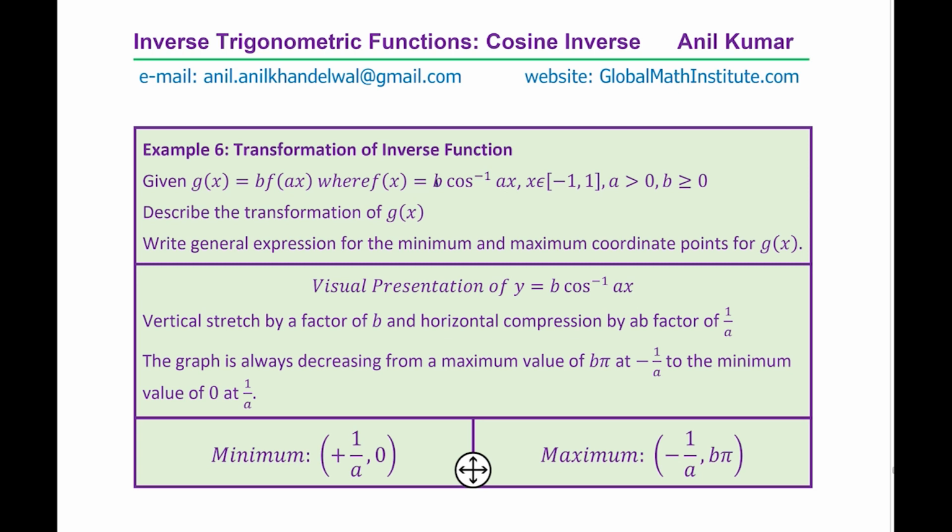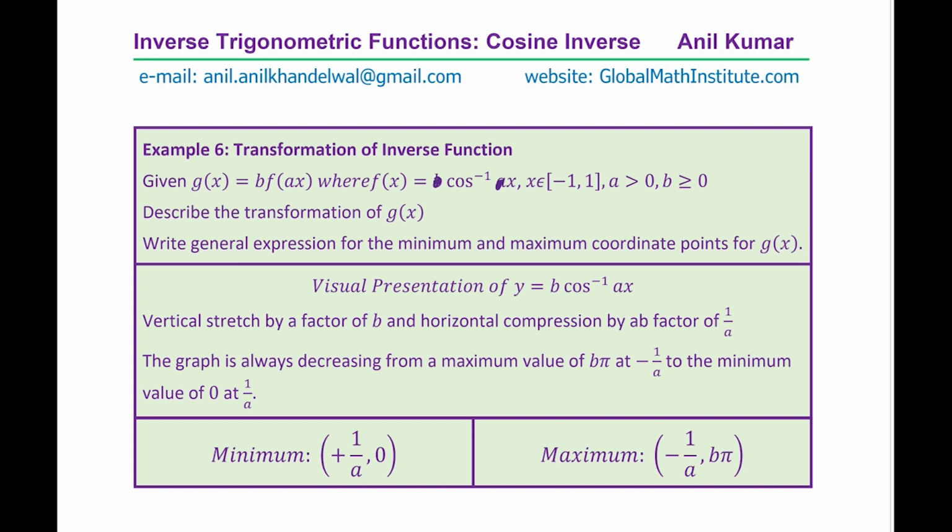Here's a typing error: f of x is cos inverse of x, right? g of x is vertically stretched by a factor of b and horizontally compressed by a factor of a, right? So that's a typing error. x belongs to minus 1 and 1, a and b are greater than 0, so both a and b are positive. Describe the transformation of g of x.